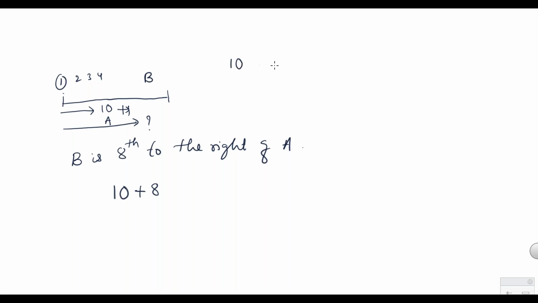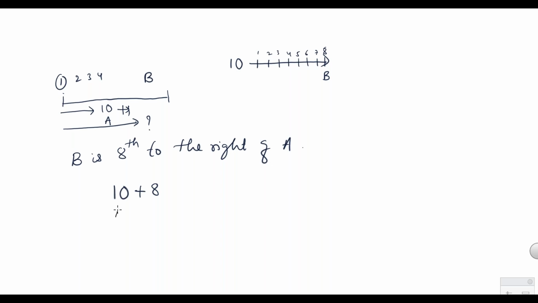See, this is 10th position. Let's say 8th position to the right: 1, 2, 3, 4, 5, 6, 7, 8. This is B. Now count this: 11, 12, 13, 14, 15, 16, 17, 18.